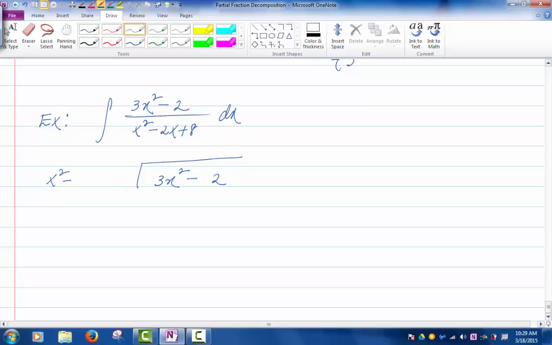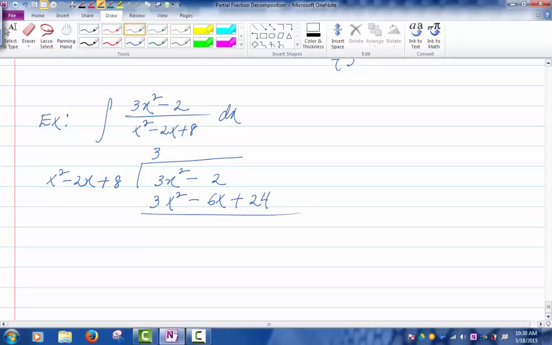So x squared minus 2x plus 8. What am I trying to match? I'm trying to match the leading term of the dividend. The dividend leading term is 3x squared, so in order to match that, I have to multiply the divisor by 3. So I get 3x squared minus 6x plus 24.